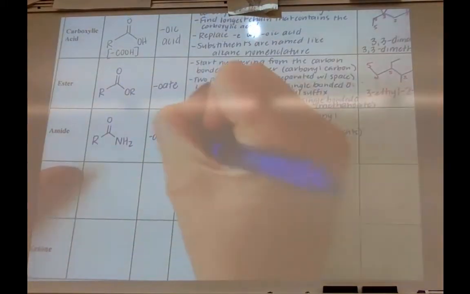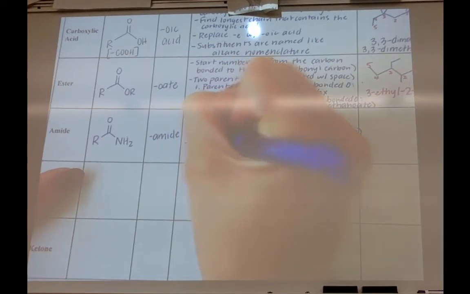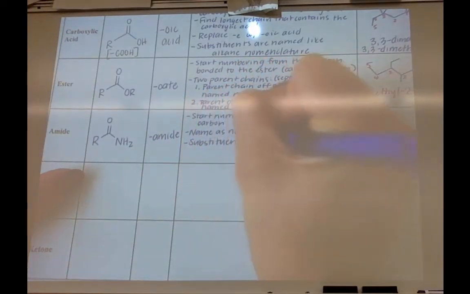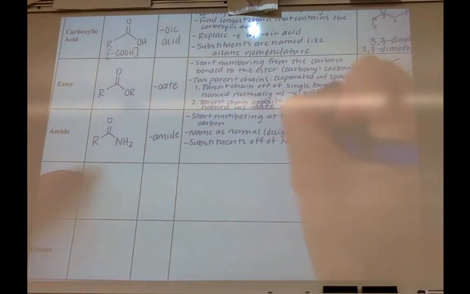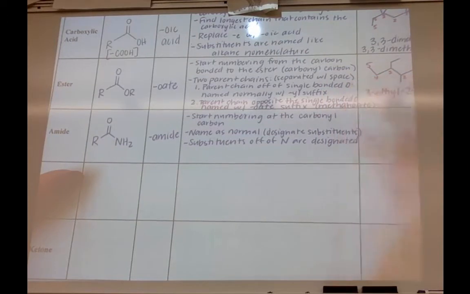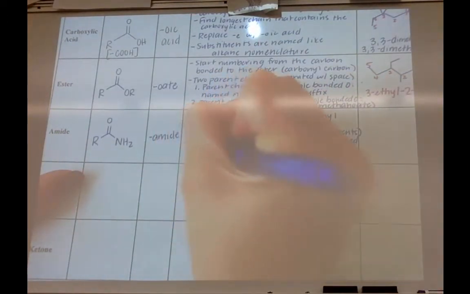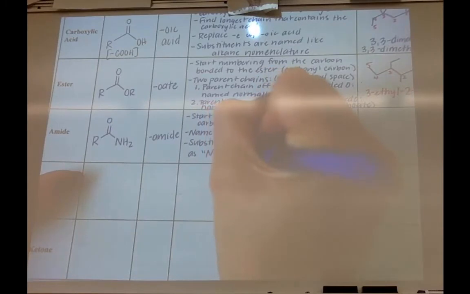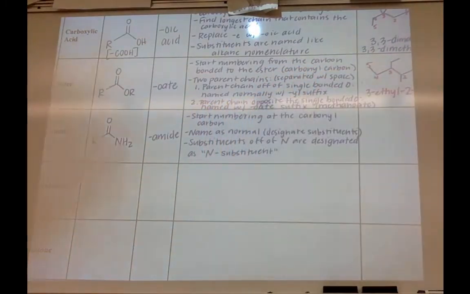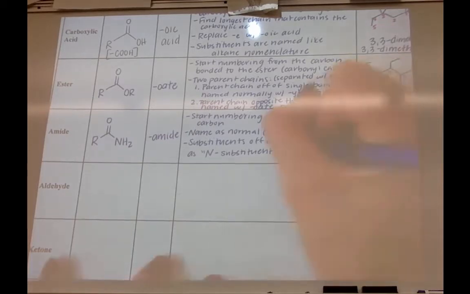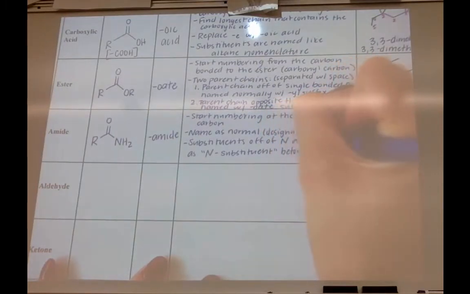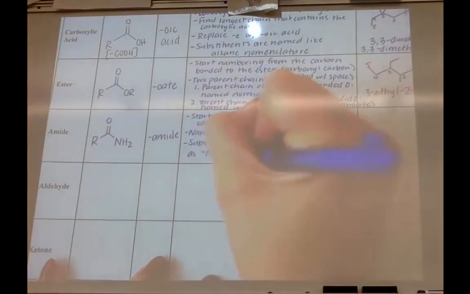So substituents off of the nitrogen are designated as, and I'm going to put it in quotes, obviously we're not going to write substituent in the name, but it would be like N-methyl or N-ethyl, N-isopropyl. But you put a capital N in front before the parent name.